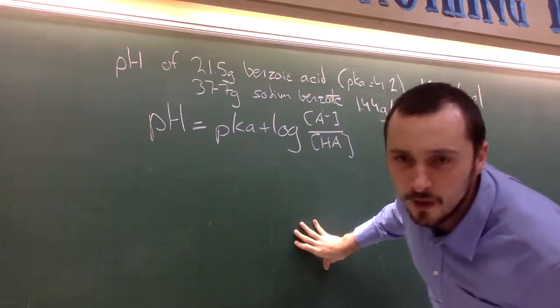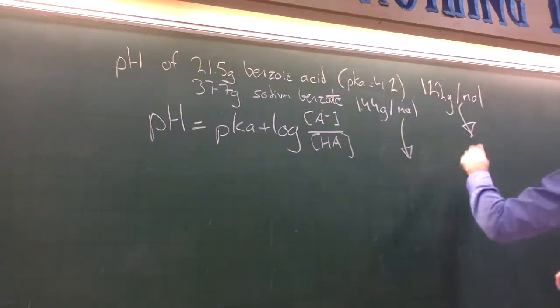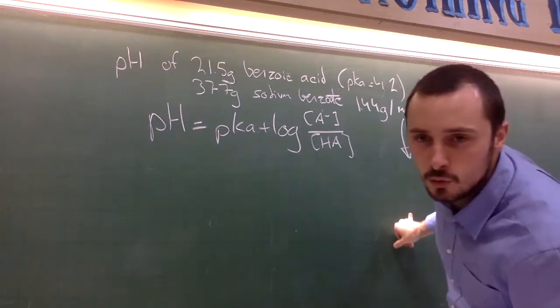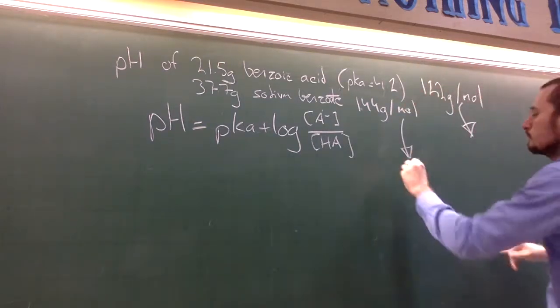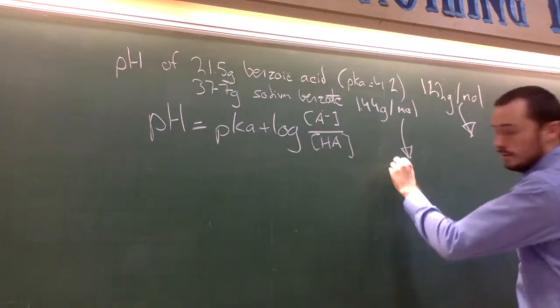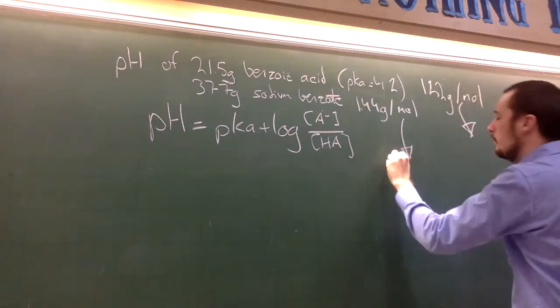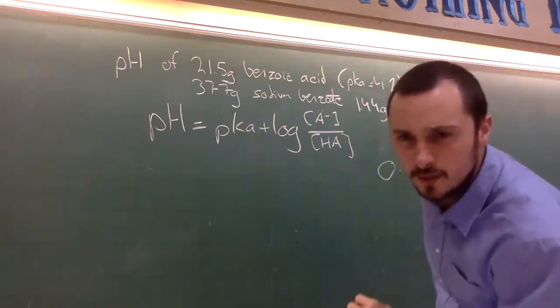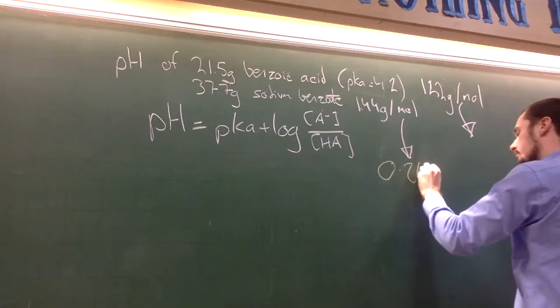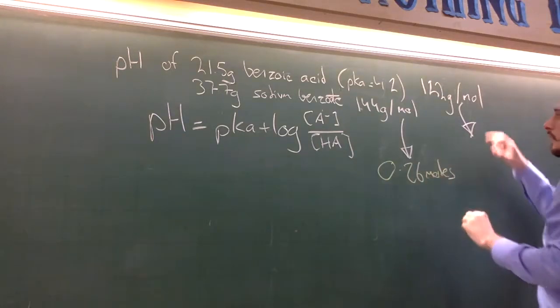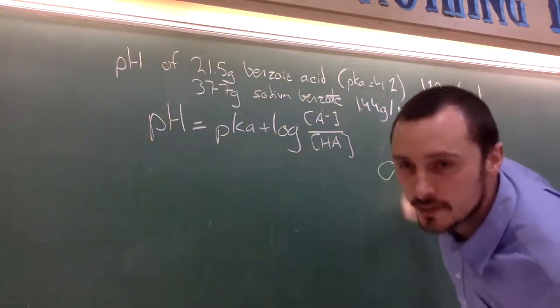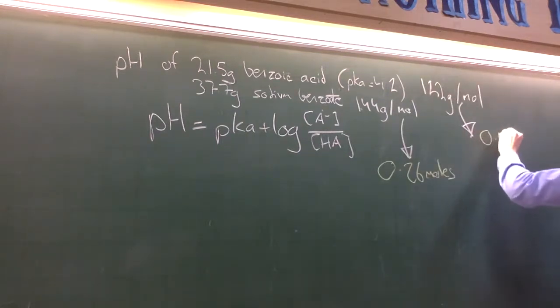So you have 0.26 moles of our sodium benzoate, 0.26 moles. And for your acid, you have 0.18 moles.